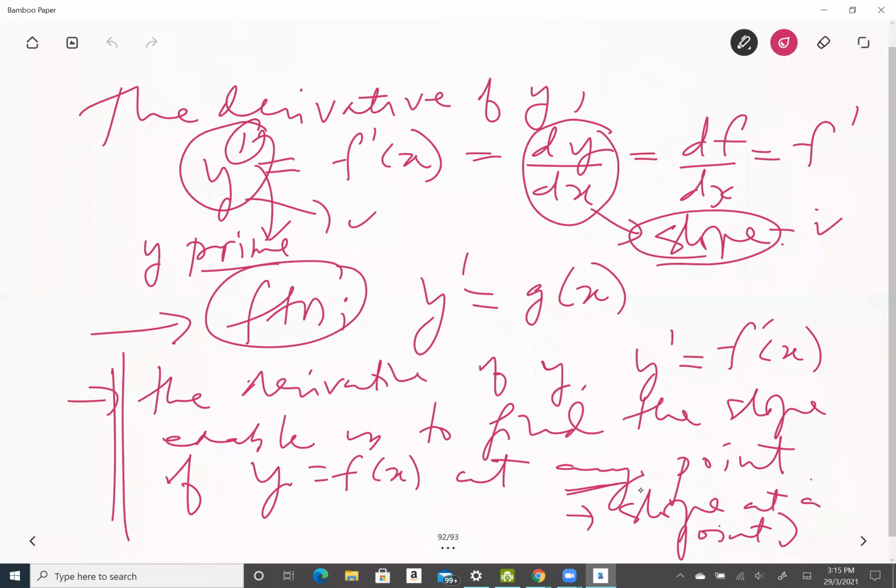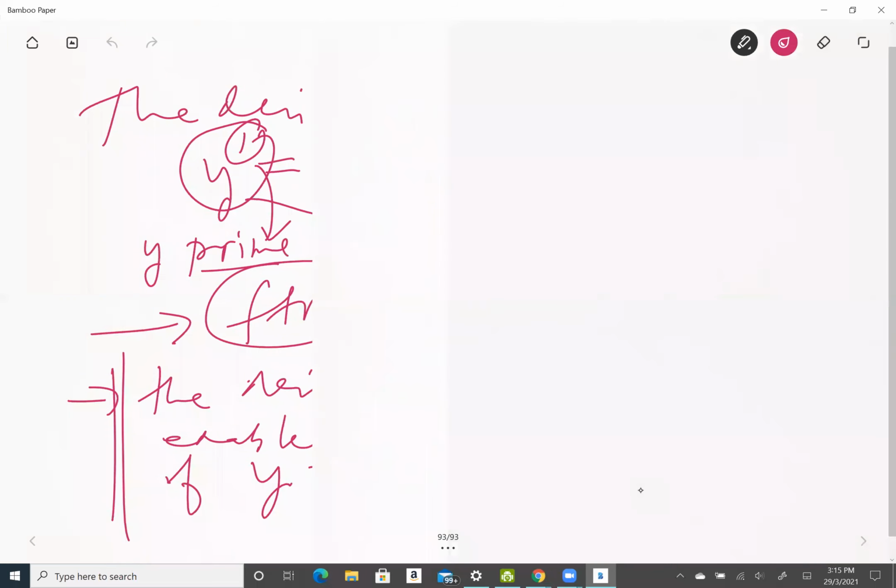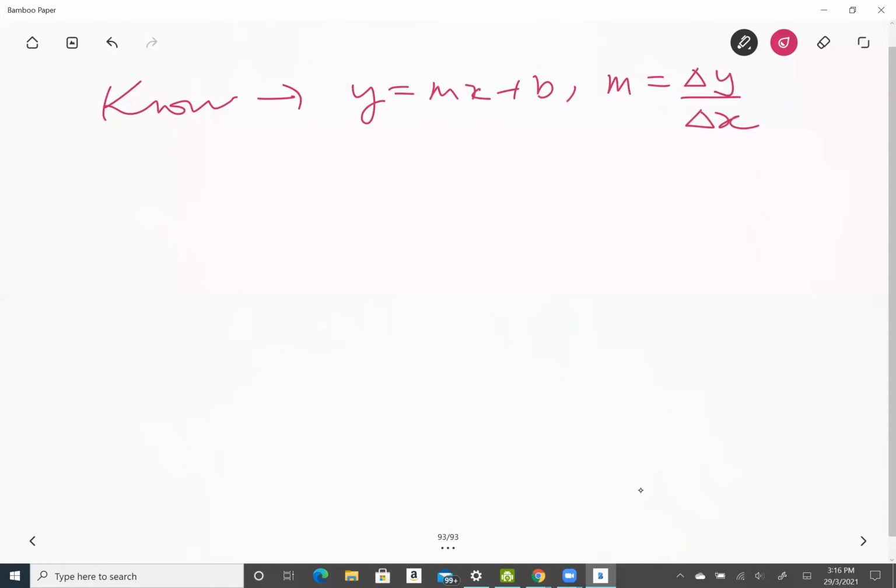The slope m equals delta y over delta x, the change of y per unit change of x. So this is what we know already. For the linear function y equal to mx plus b, m is delta y over delta x. If you look at the graph, given the straight line, it's the change of y over the change of x. So you get the slope equal to m.